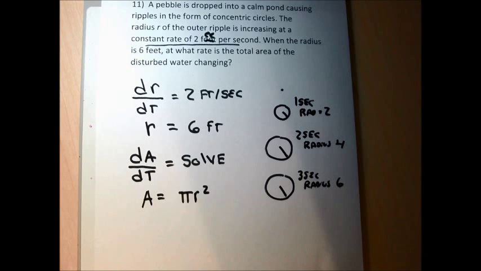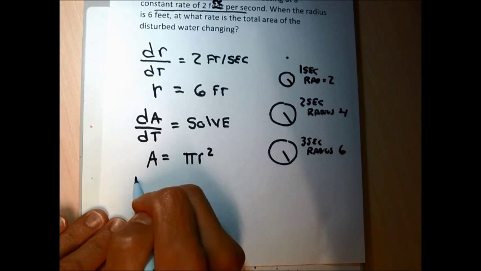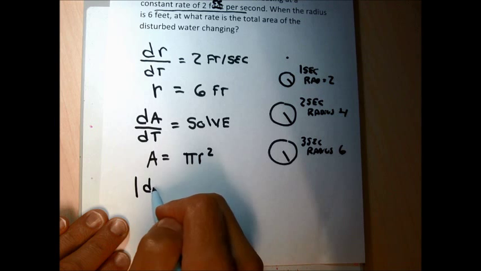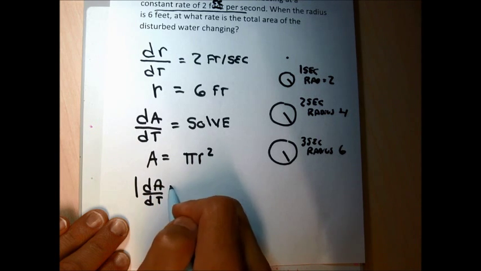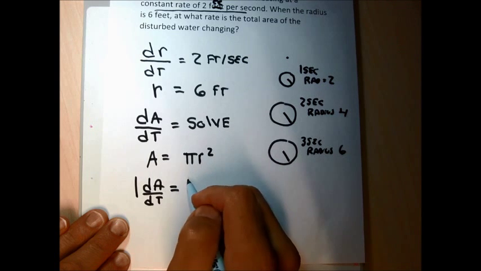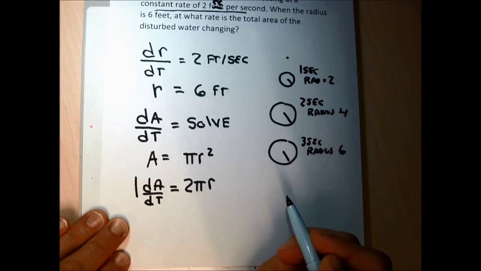In order to get the problem solved, I need to take the derivative of the area equation with respect to t. So the derivative of A would generally be 1, but because I'm taking it with respect to t, I tack on a dA/dt. The right-hand side would generally have a derivative of 2 pi r. I just multiply the 2 by the pi and lower the exponent by 1.